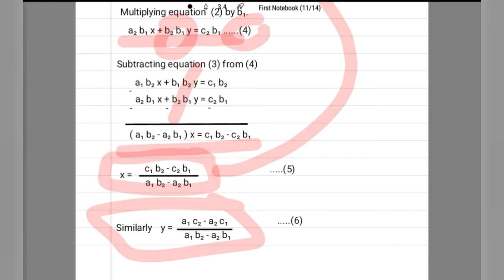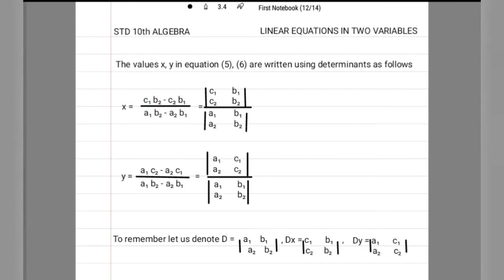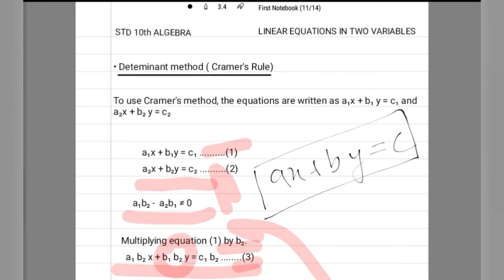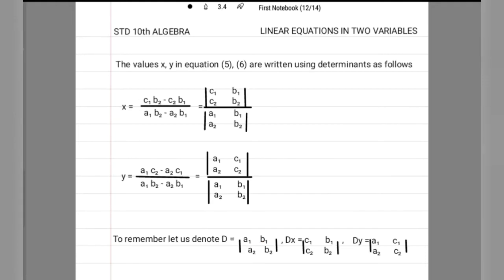Now further, as I said, you will get to know why we have used this condition here, that is a1b2 minus a2b1 should not be equal to 0. This is because in every variable's value, after we solve the equations, we notice here that a1b2 minus a2b1 is there in the denominator of x, while it is also there in the denominator of y, that is here.